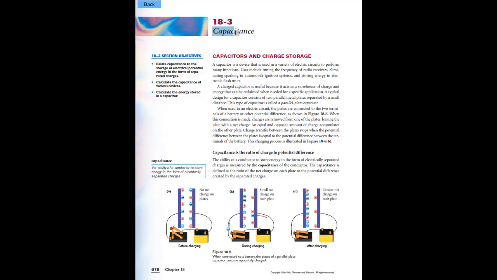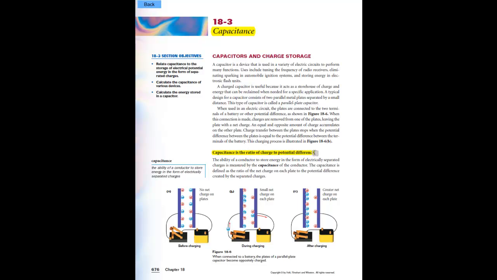Then we got to the idea of capacitance. Capacitance sort of links the ideas of charge on an object and the potential difference that it's experiencing. For objects, the property of capacitance is the ratio of charge to potential difference.